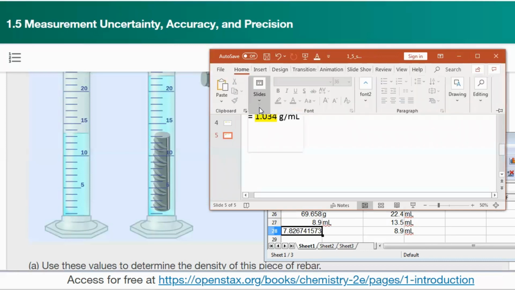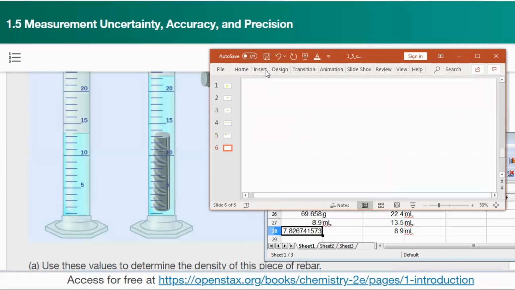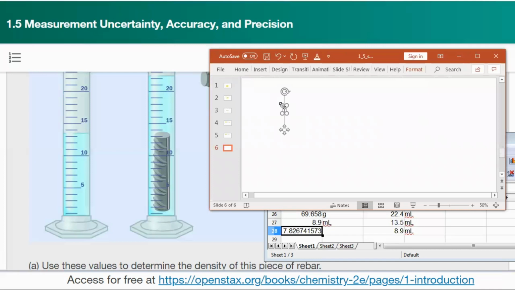And let me make a new slide. I'm just going to put the results here: 7.82674157... Okay. I'm just going to use the final result from the spreadsheet.